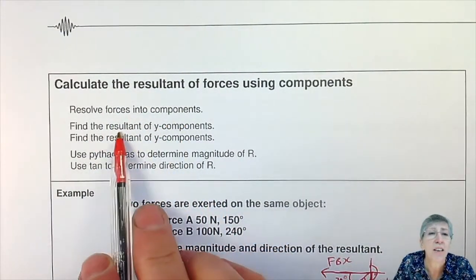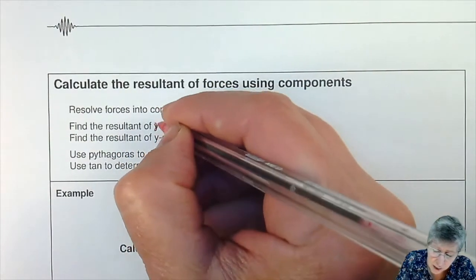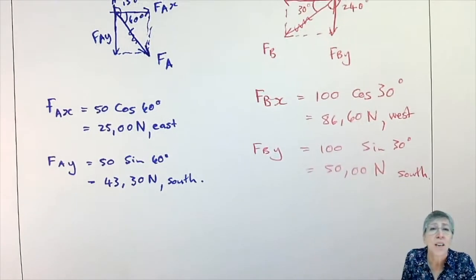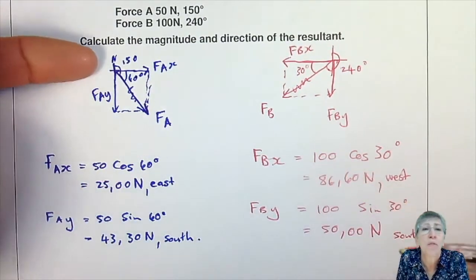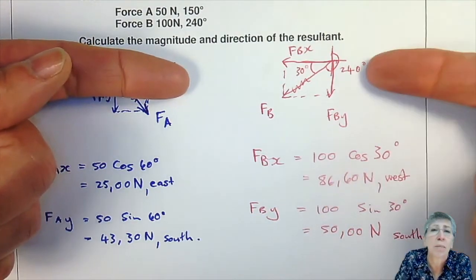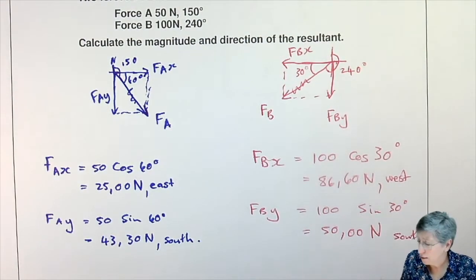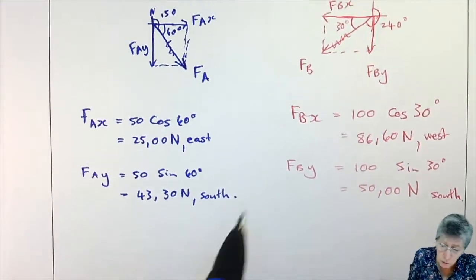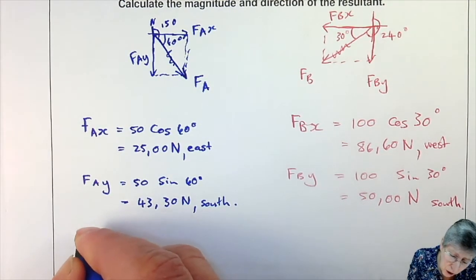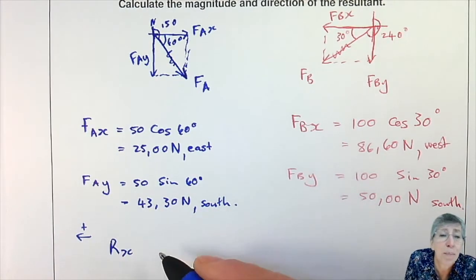Next up, we're going to get the resultant of all the X components and the resultant of all the Y components. So let's look at the X component. So I've got 25 east and I've got 86,60 west. So west is definitely the one that is bigger. So for Rx, the resultant in the X direction, I'm going to use west as my positive.